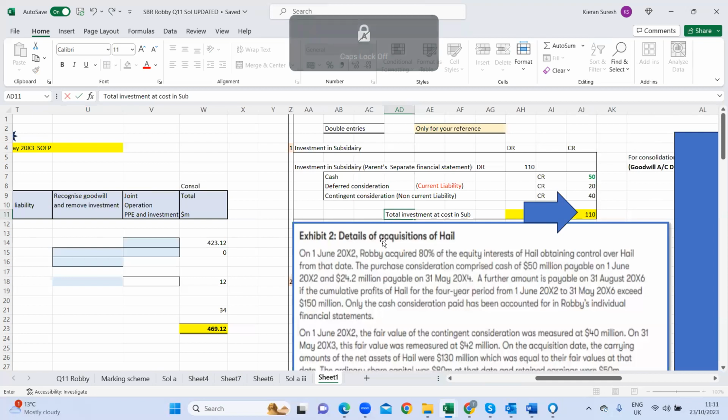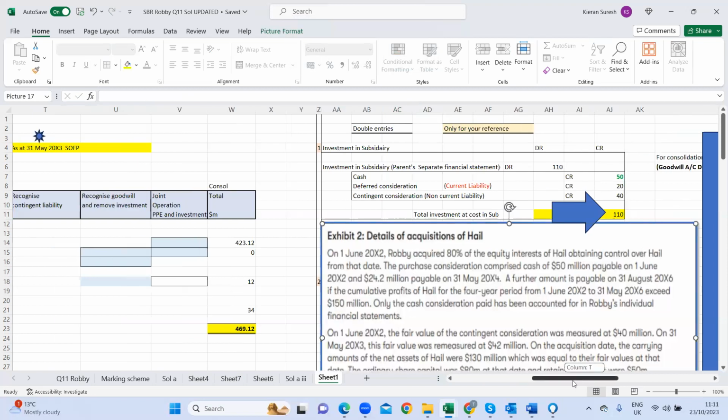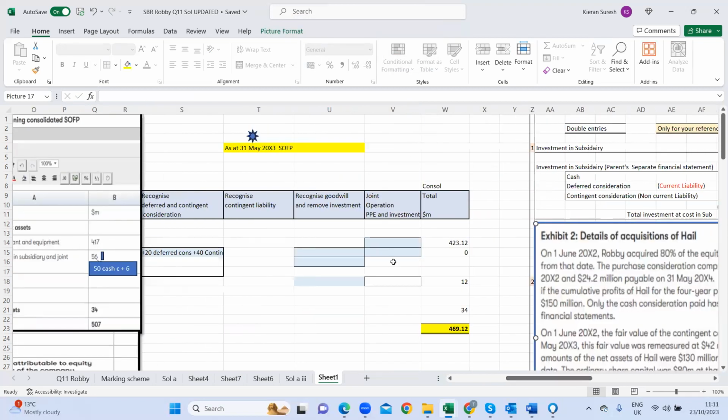Now, this figure is to be removed, because we can't have the total. If I add up the total investment in subsidiaries, we had 50 million, which was the cash, plus 20 million, which was the deferred consideration, and 40 million, which was the contingent consideration.